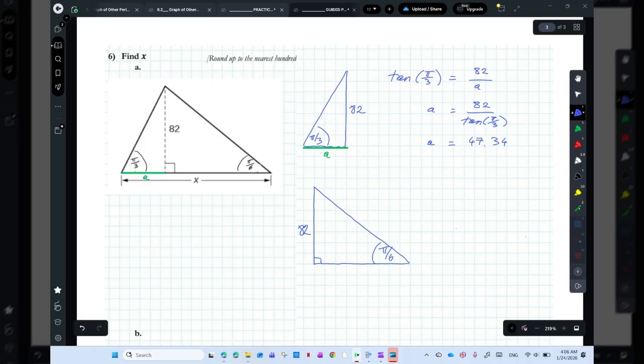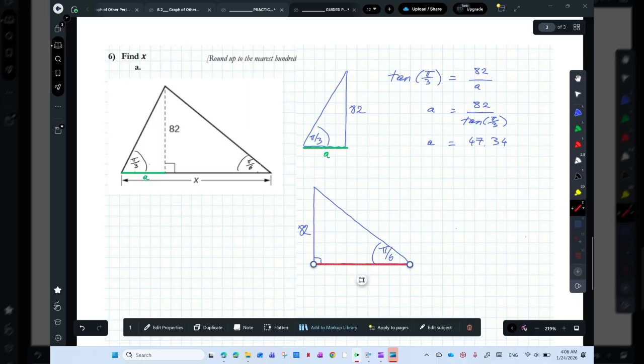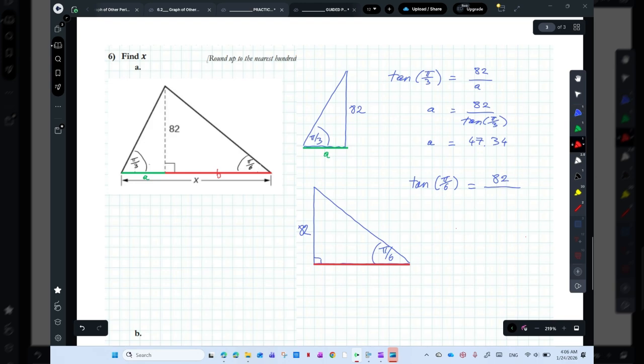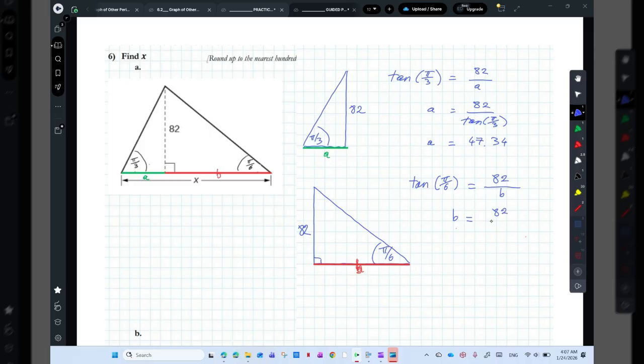So here, I am going to calculate this side here, and I'm going to call it B. So I would have the tangent of pi over 6 equal to the opposite divided by the adjacent B. Therefore, B will be equal to 82 divided by tangent of pi over 6.